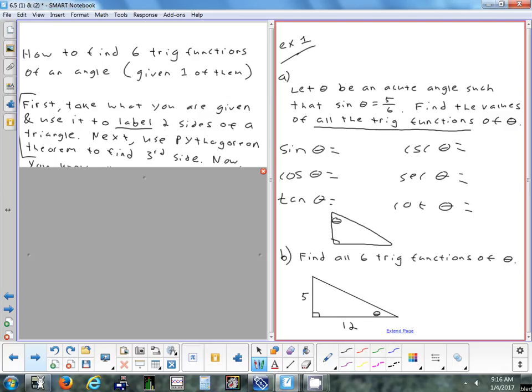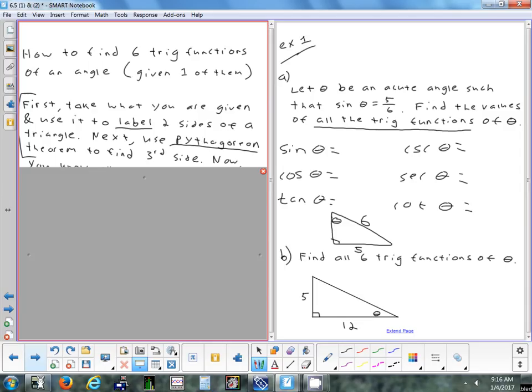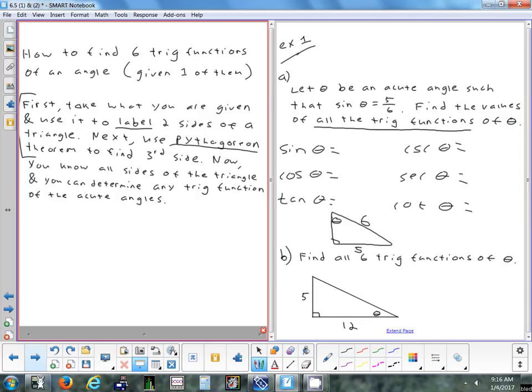All right, so now what's the definition of sine again? It's what divided by what? Okay, opposite over hypotenuse. So in this triangle, how long is the opposite side? 5. And how long is the hypotenuse? 6. Now I'm going to use the Pythagorean theorem and get the third side.